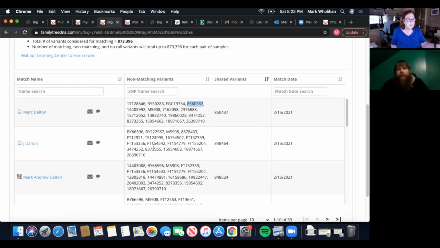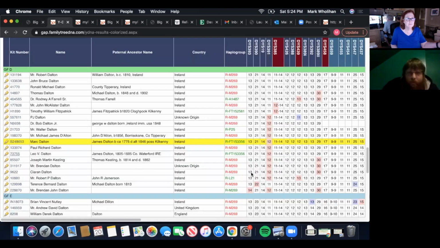You can, by having more people in this specific lineage test, which I think probably quite a few of these people here do, in this little block here. So I'm thinking PJ, Bob, Walter.